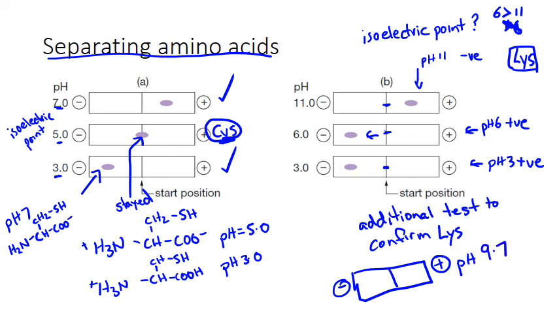And what I would expect to find, we use purple, I would expect to find the amino acid sitting right in the middle, because this is the isoelectric point of lysine. So it shouldn't move from there because it's in the zwitterion form.